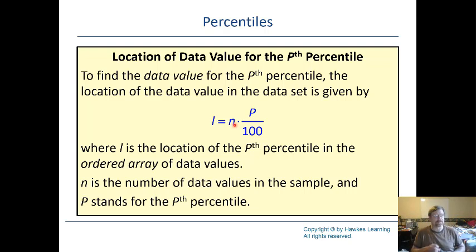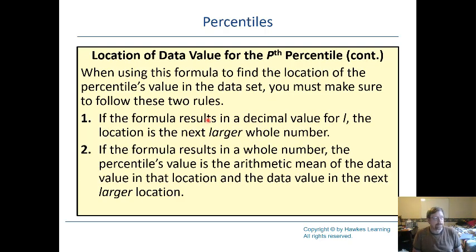I cannot do 75 times 0.8 in my head, so 80 over 100 is 0.8. If I've got 75 points, point number 60 is going to be the 80th percentile. And then I could look at my ordered array and see what point number 60 is, and that would be the value associated with that.